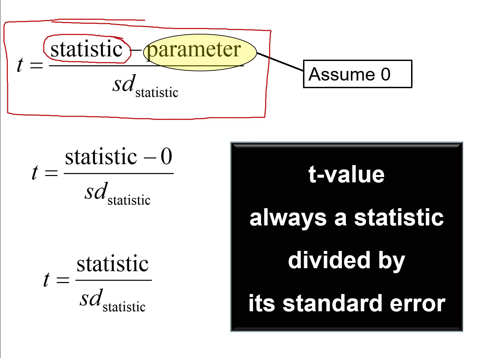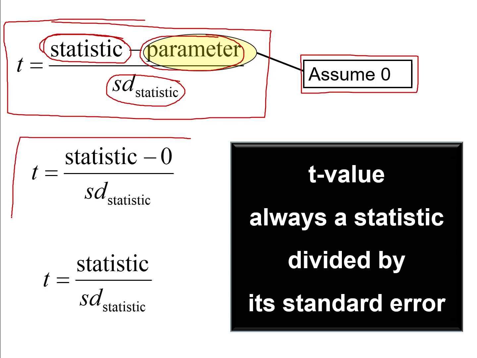We take a statistic from a sample, and then we subtract from that the true population parameter, and then we divide that by the estimated standard error of that statistic. Now, if we assume that the null hypothesis is true, that the true population parameter is 0, then our formula becomes the formula I have in the middle of the page. A t-value is equal to a statistic minus 0 divided by the estimated standard error of that statistic.